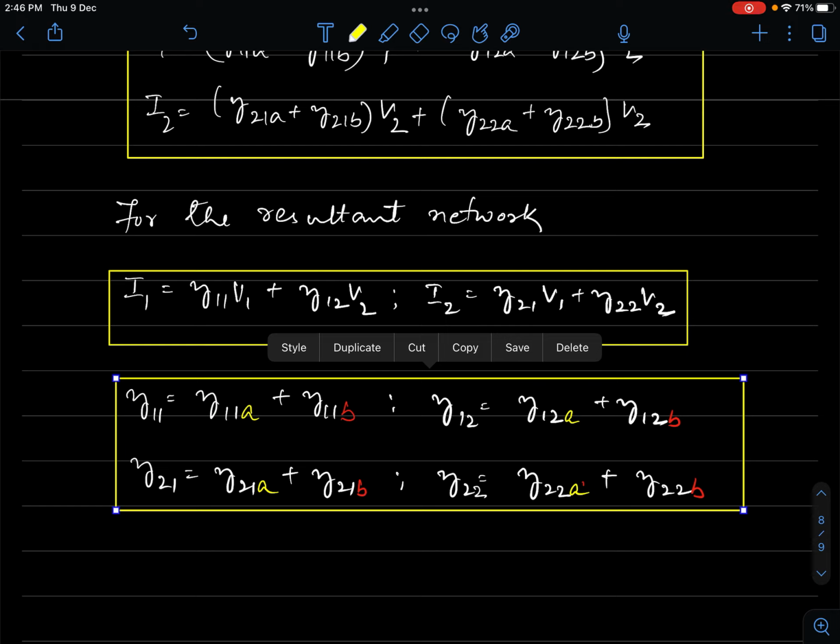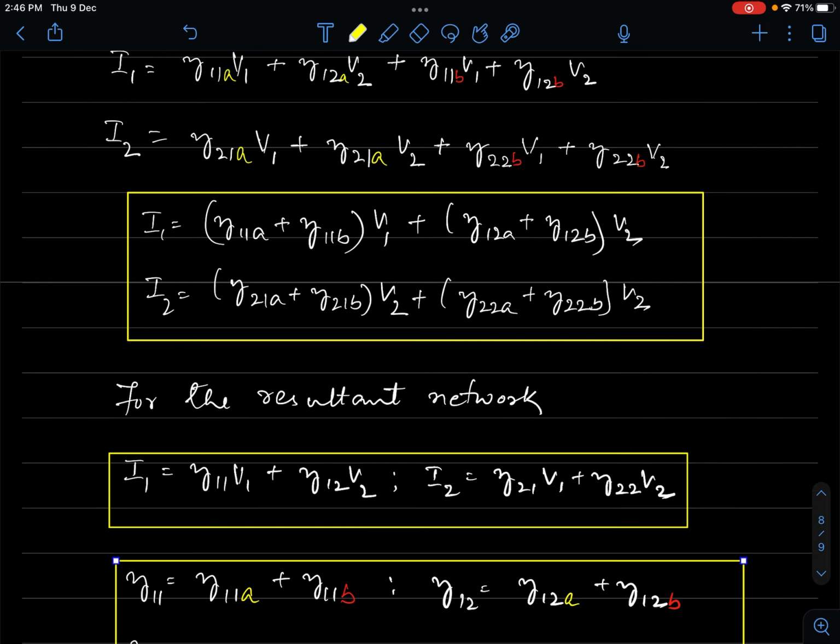If we know the y parameters of the independent networks, we can add the two directly and obtain the overall y parameters. So the inference is that when two networks are connected in parallel, how do you obtain y parameters? By simply adding the y parameters of the independent networks.